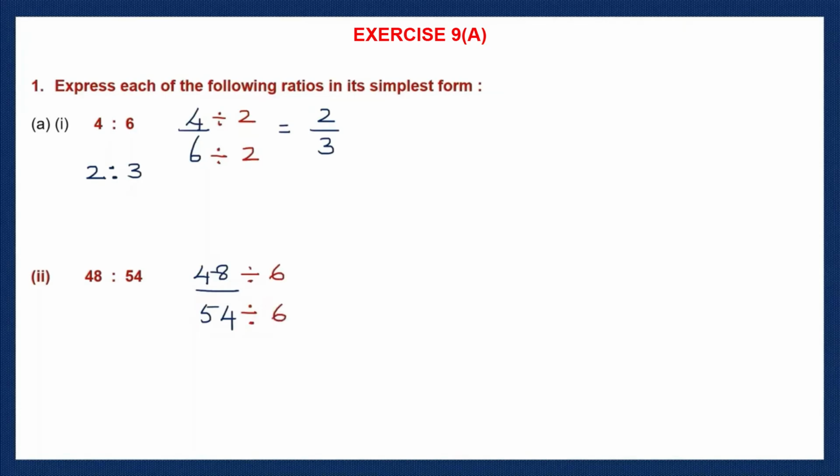And let's see what answer we get. 6 into what is 48? 6 8's are 48 and 6 9's are 54. So our fraction is 8/9. When we write that as a ratio, we write 8:9. So the answer is 8:9 here.